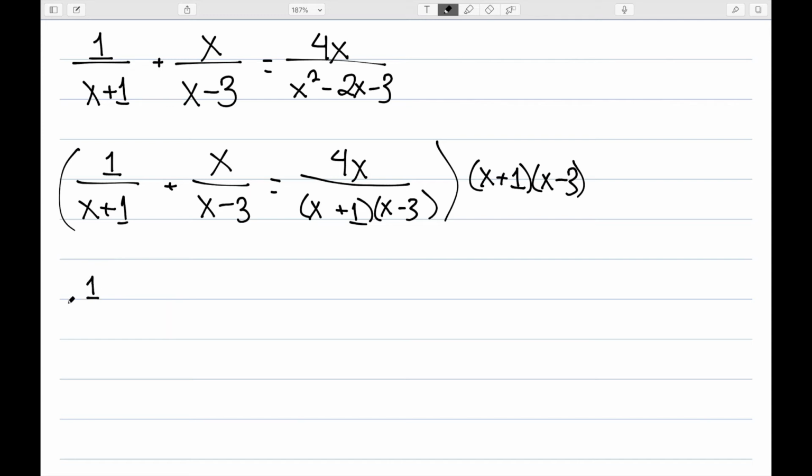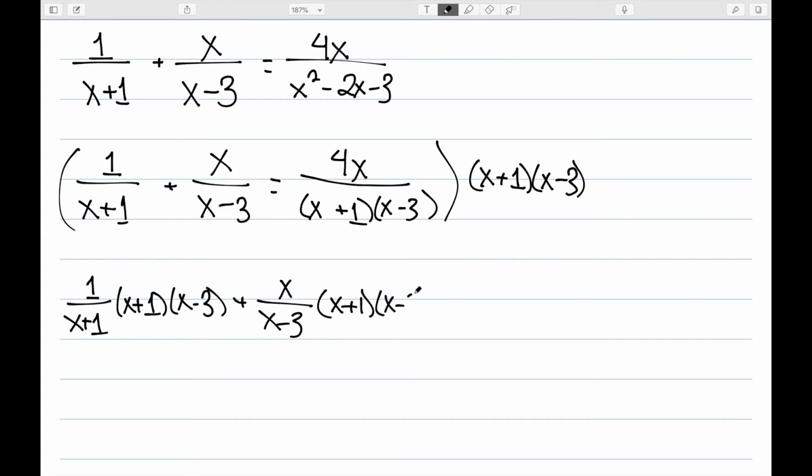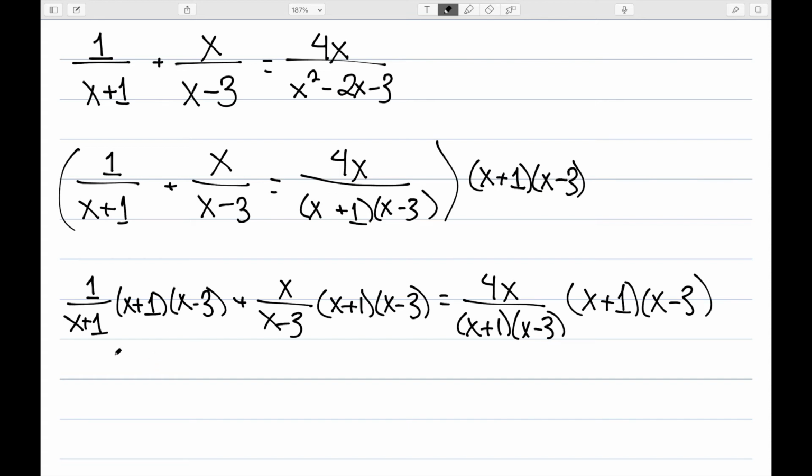We then distribute this 1 over x plus 1 times (x plus 1)(x minus 3), plus x over x minus 3 times (x plus 1)(x minus 3), equal to 4x over (x plus 1)(x minus 3), times (x plus 1)(x minus 3).